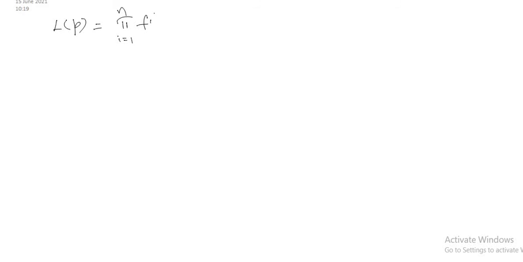Either p or f, anything, you can write for the probability function. The way we did for the Poisson distribution or exponential distribution, the same thing will appear here. Only the probability function changes. The remaining procedure is the same.